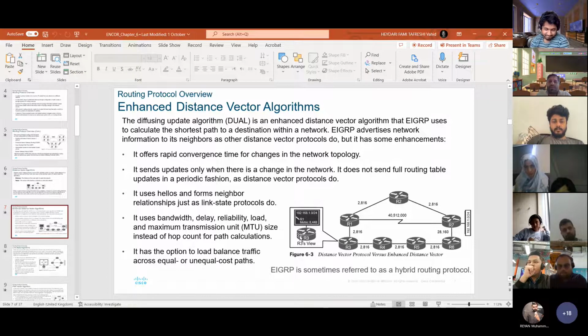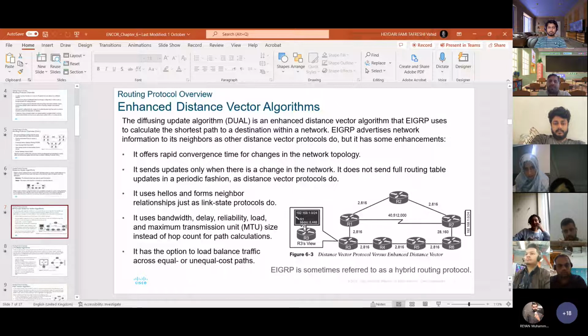R3, you can see my cursor, yeah? R3 is saying that the way to get to this remote network, which happens to be here, is to go through R1. That's why you see one arrow there. This is the vector. So we only say how to get there through the next hop, and the next hop is R1. For R3, next hop is R1.